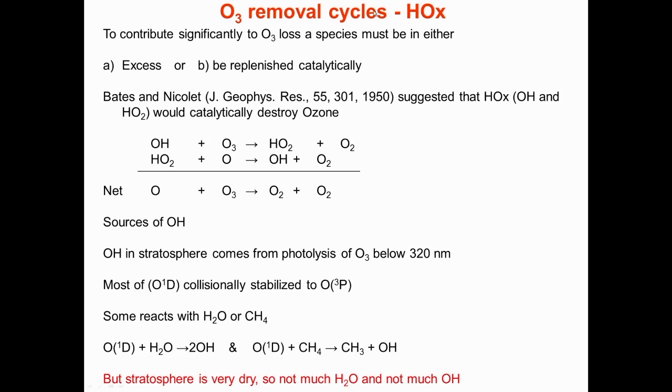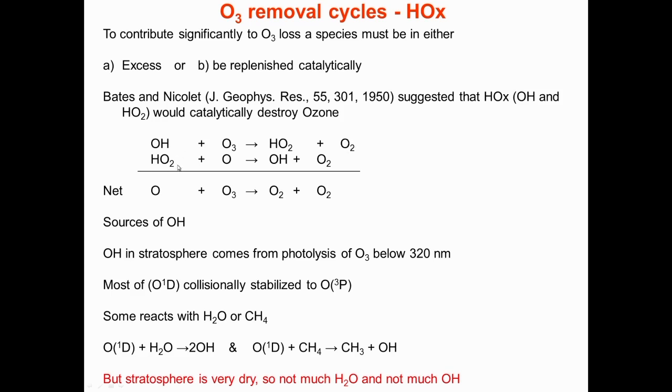The first of the autocatalytic cycles was suggested around 1950, that these OH and HO2 species, these HOx, could be continually cycled and destroy ozone. The hydroxyl radical can react with ozone to produce the hydroperoxy radical and oxygen.